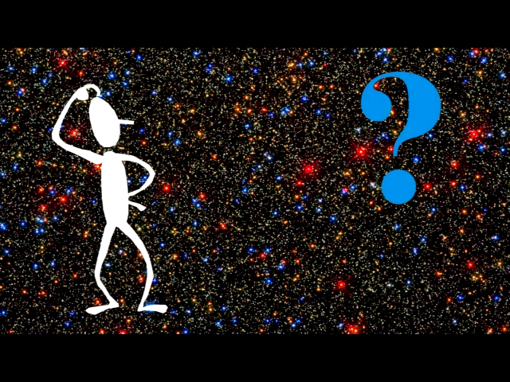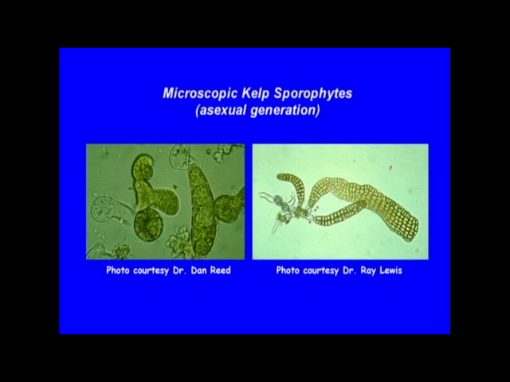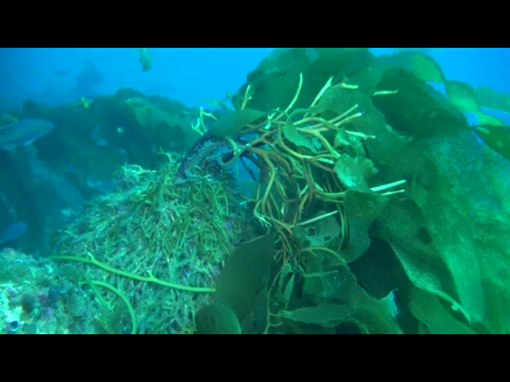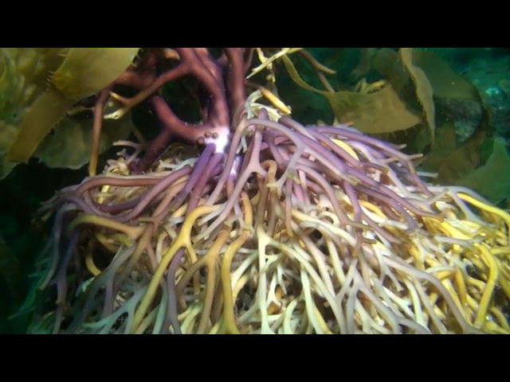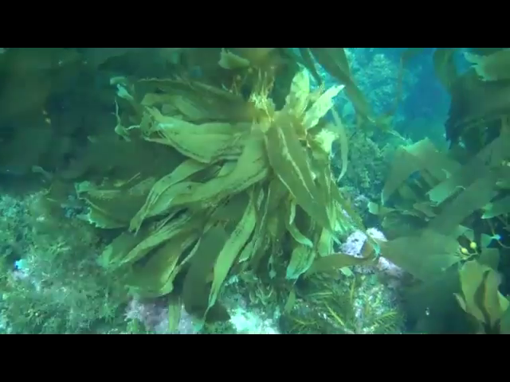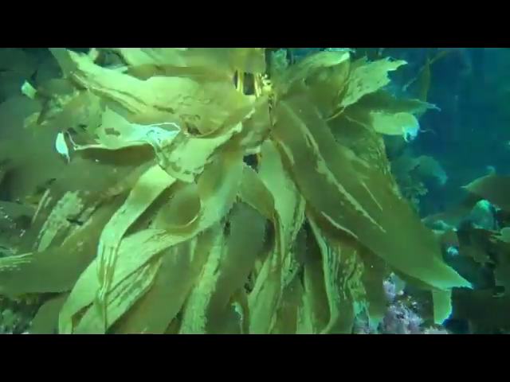But which comes first, the chicken or the egg? The sporophyte or the gametophyte? Not an easy choice to make, but I do like starting at the bottom. Here, just above the giant kelp's holdfast, are clusters of blades known as sporophylls that produce the spores from which giants grow.